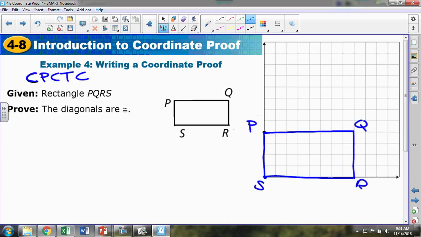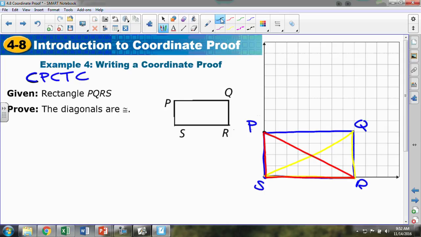So here's what we would observe. If we want to show that the diagonals are congruent, we could draw this out so that we would have a triangle here, drawn out with the yellow, and we could also have it here with the red.